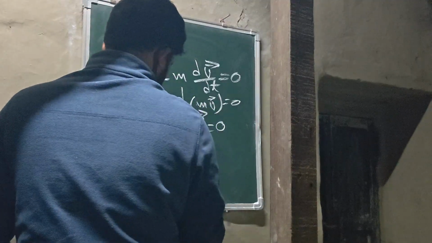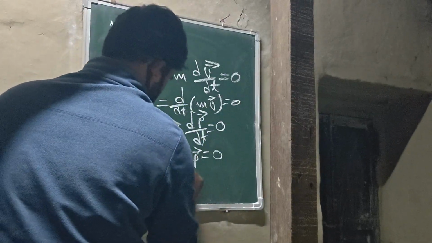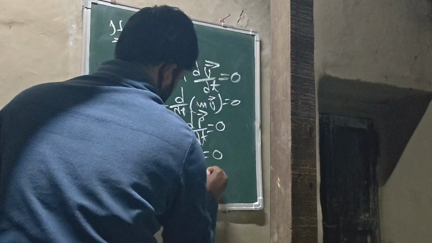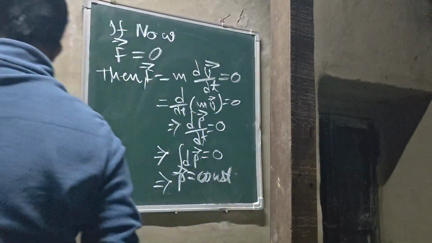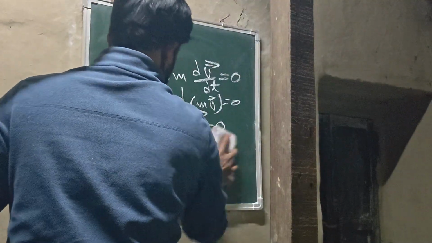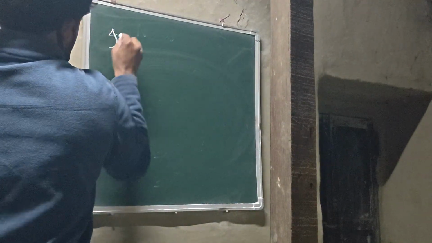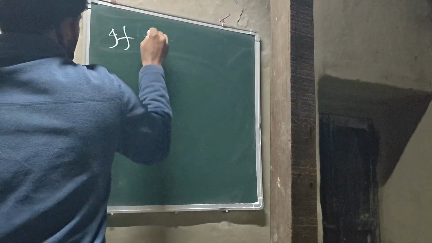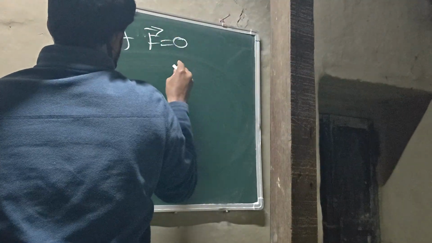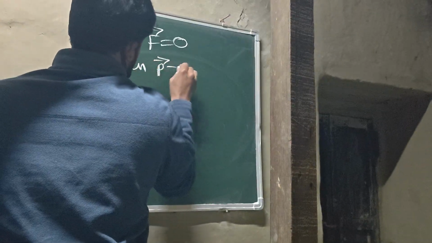Here we get integration dp vector equals 0 or p vector equals constant. That means if a vector equals 0 on the particle, then we get p vector equals constant.